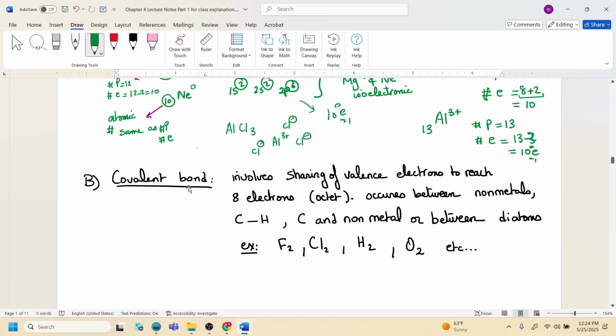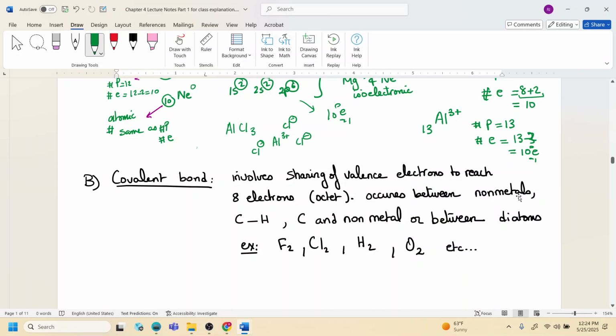Covalent bonds are different. Covalent bonds, they are strong bonds. But which one is stronger? Of course, the ionic is a stronger interaction than the covalent bond. But covalent bonds involve sharing of the valence electrons to reach 8 electrons. So the 8 electrons are being shared by both atoms in there. How do you form covalent bonds between what and what atoms?